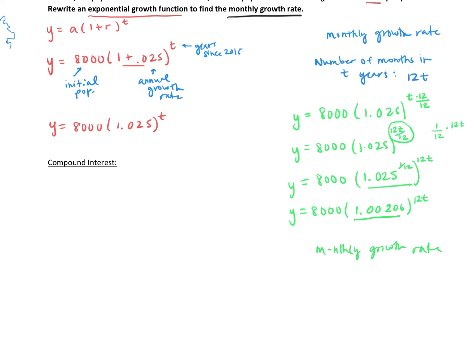Oh, could I have written that any worse? Sorry about that. Remember, our growth rate comes from 1 plus whatever that growth rate is. So let's take our 1.00206, subtract out a 1, and we're going to have 0.00206 as our monthly growth rate.